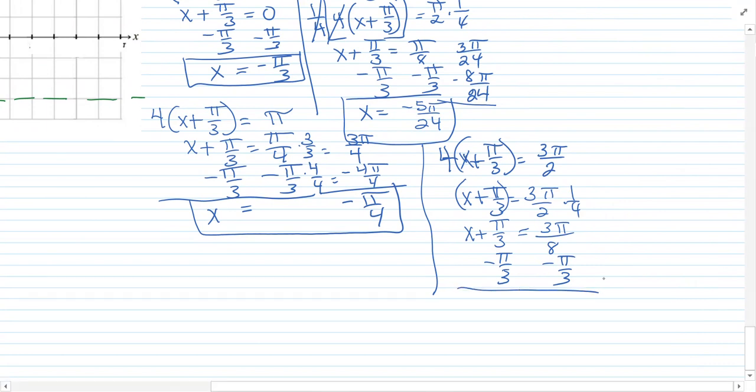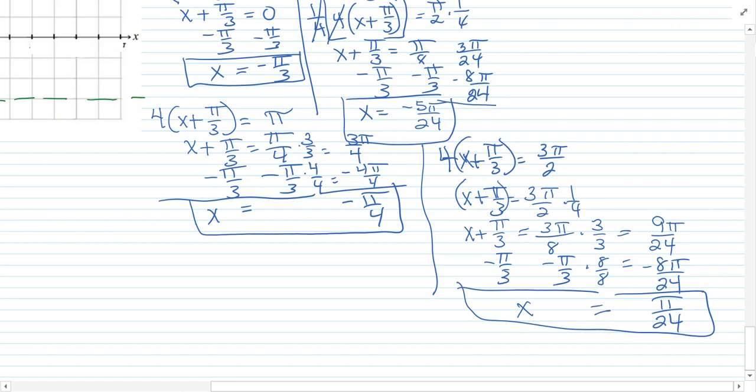So what this is going to give me is 9 pi 24ths minus 8 pi 24ths. I get pi over 24, positive.